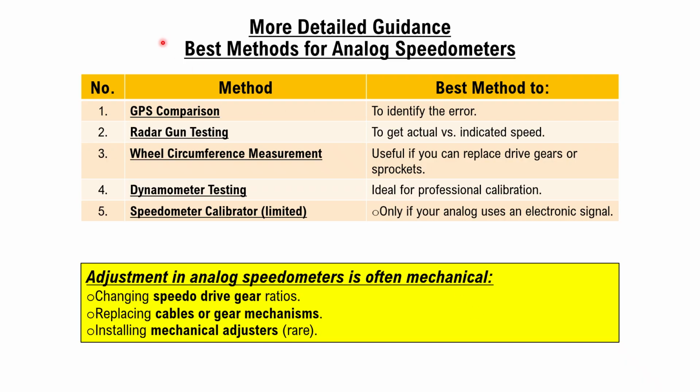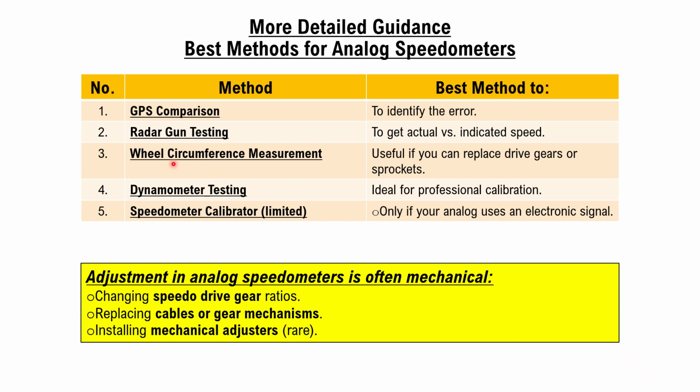More detailed guidance regarding the best method for an analog speedometer. GPS comparison is the best method to identify the error. Radar gun testing is the best method to get actual versus indicated speed.